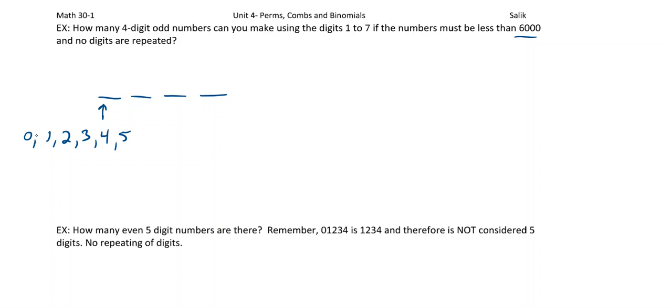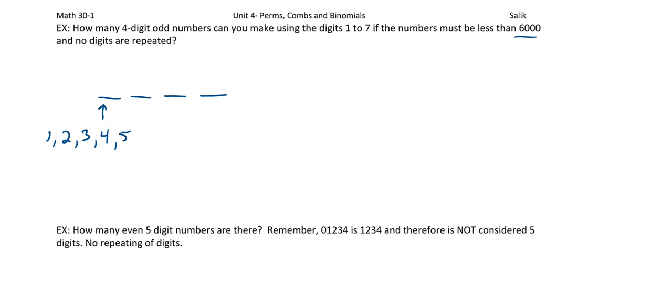Notice that I didn't put 0 there, because that wouldn't be considered a 4-digit number. If it was 0, 3, 5, 7, that's not a 4-digit number. That's a 3-digit number. So the first one can't be 0. Those are the ones I have to deal with, right?